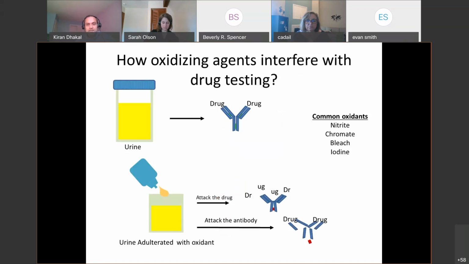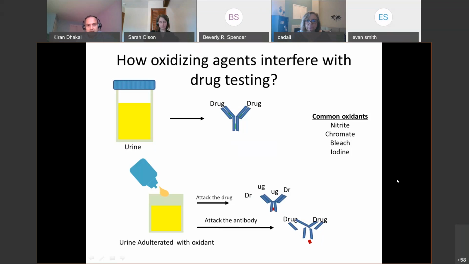How does this oxidizing agent tamper with the drug testing? It interferes with the immunoassay drug testing, and we'll learn later in the presentation how the immunoassay works. But in general, immunoassay consists of an antibody as a reagent, which captures the drug of interest.